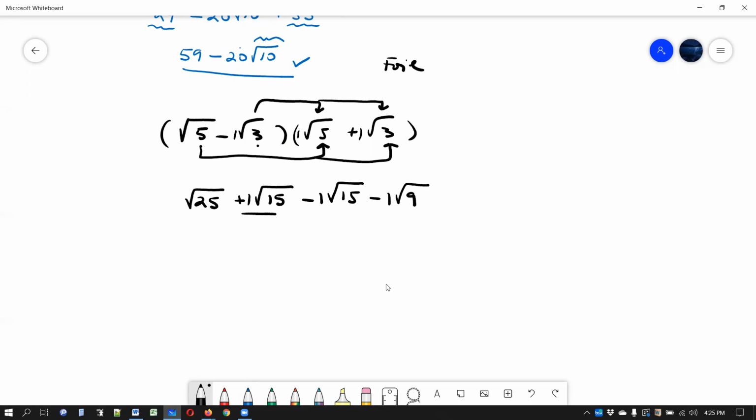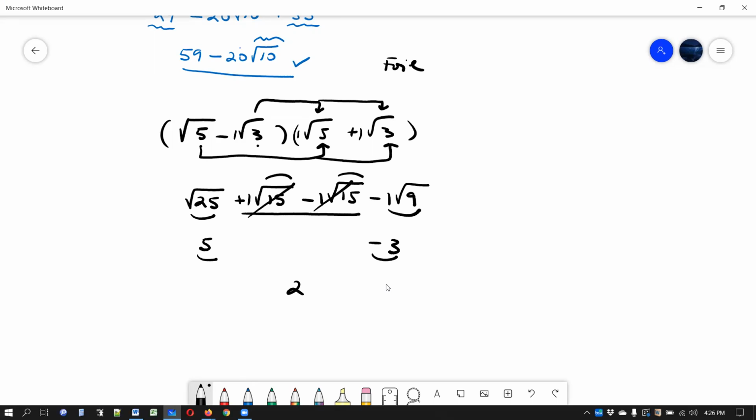So look what happens now when we're ready to simplify. This is obviously 5. This is obviously 3 times minus 1. And look what happens to the two terms in the middle. These two are like radicals, but this is positive 1 and this is negative 1. So they cancel each other out. And I am left with 5 minus 3, which is 2.